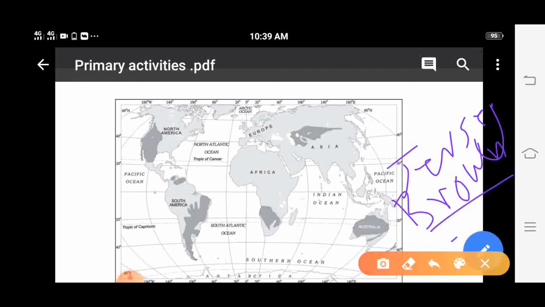As I told you, commercial livestock rearing emphasizes only one type of animal, it may be cow. So these varieties of cow, that is Jersey, Brown Swiss, are reared since they give enough milk and it is very commercial based.